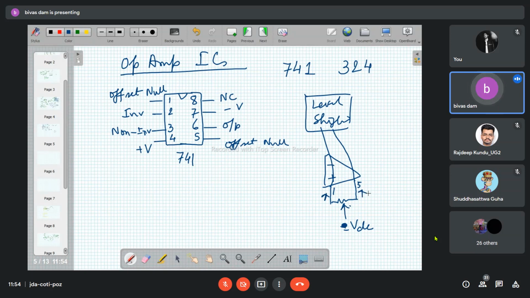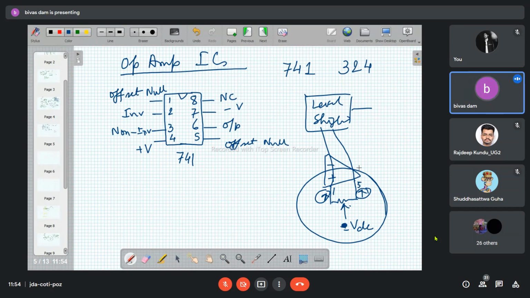So due to the relative condition of this voltage and this voltage, maybe the level shifter is sometimes having positive voltage, sometimes negative voltage. As a result, the level shifter is always trying to ensure zero output for the zero input difference voltage with the added help of this offset null facility.